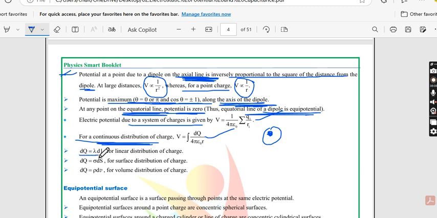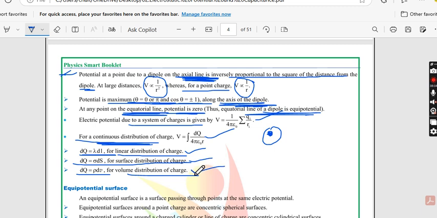Here dq becomes lambda into dl, where lambda is the linear charge density. For a surface distribution, dq is equal to sigma into ds, and dq is equal to rho into dv for a volume distribution of charges.